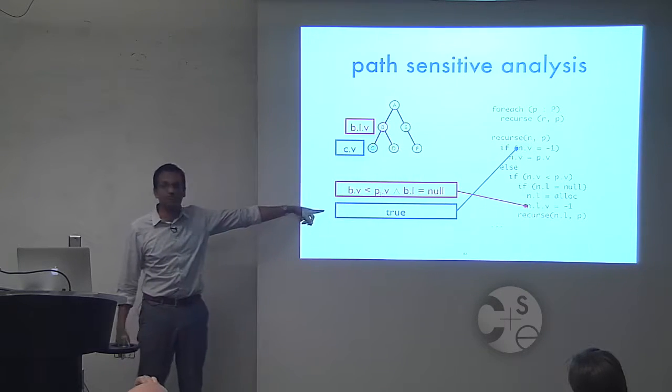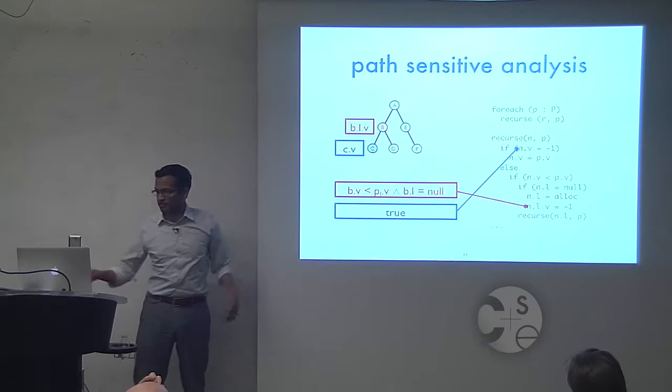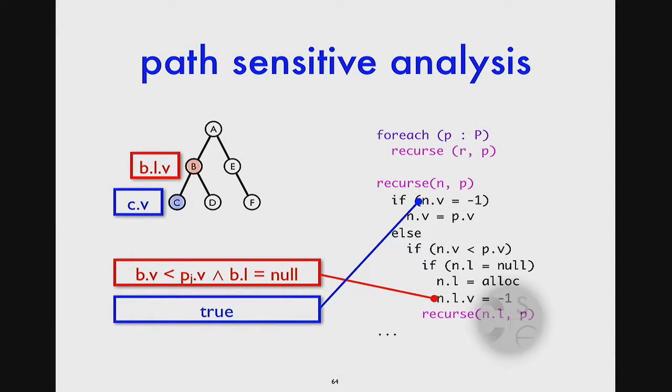Unfortunately, I do read from n.v all the time. But even though I read from c.v all the time, I only do that if I recurse down from b. I can only get to c if I started at b and called my recursive function here.